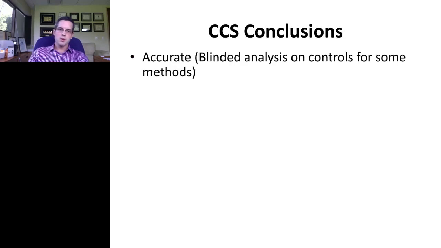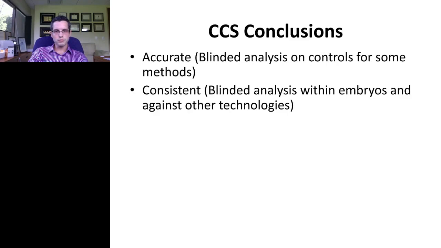So comprehensive chromosome screening has been shown to be accurate using an analysis of controls with known aneuploidies for some particular methodologies, again, unlike fluorescence in situ hybridization. It's been shown to be consistent within embryos, looking at blinded analysis and against other technologies.